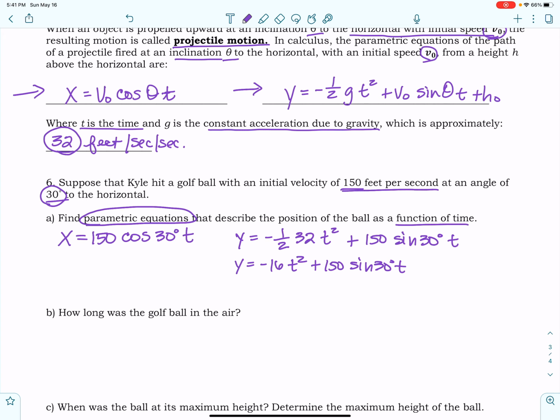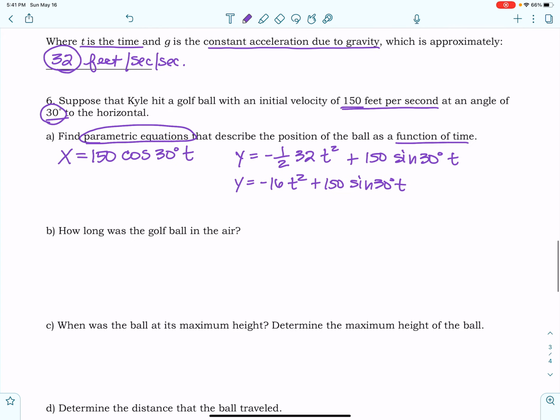Okay, B, how long was the golf ball in the air? Well, let's think about this. If I've got the XY coordinate plane and this right here is where Kyle hits the golf ball and it does this, right? So this is Y, this is X. X is the distance it goes, and the height of the golf ball is this right here.